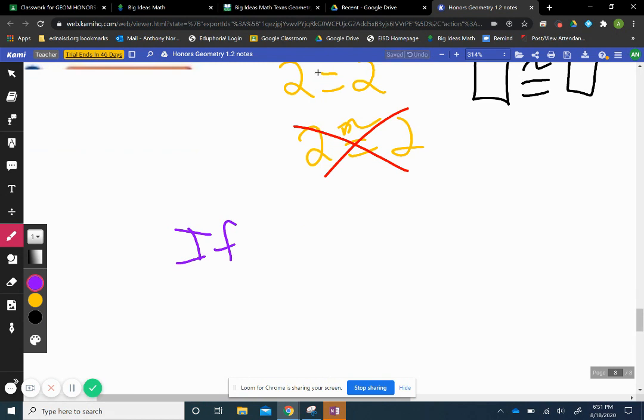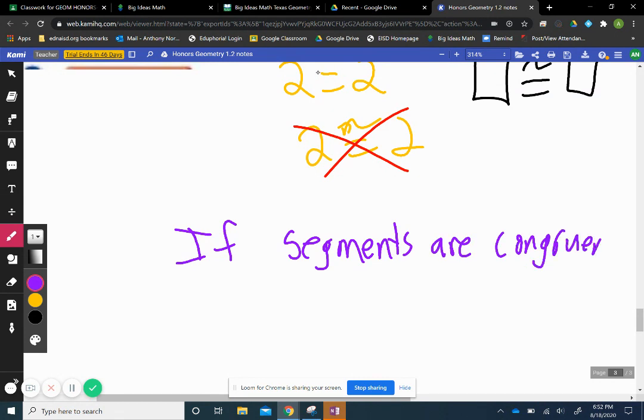If segments are congruent, these segments have equal length.